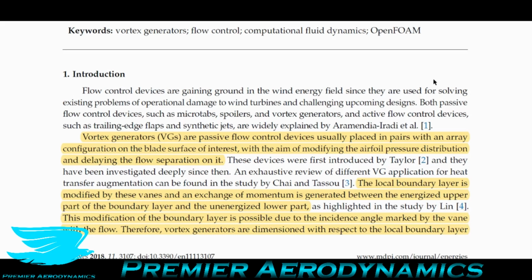And they are usually placed in pairs. What this means is you can either produce co-rotating vortices or counter-rotating vortices. If you think about what vortices do to a fluid, it entrains and induces velocities in the fluid around a vortex.